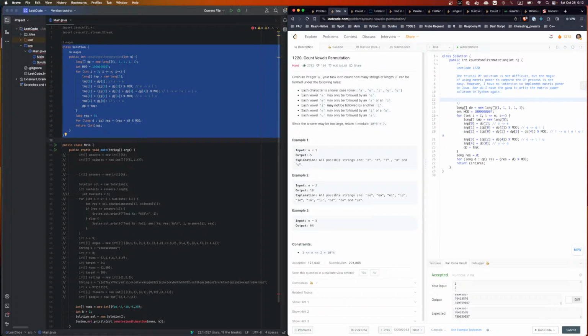I think you just need to know that you can use matrix power to do this. I haven't touched the matrix for a very, very long time. 5n. Yeah, just do 5n.